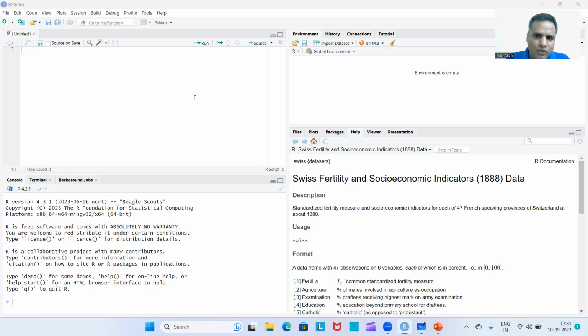When you talk about RStudio, I hope the screen is visible to you all.